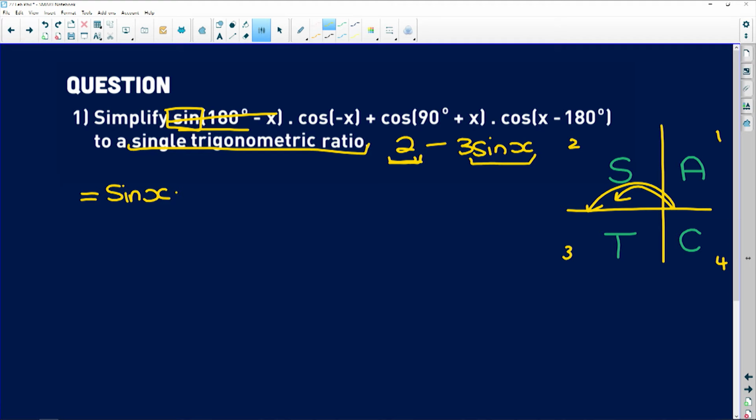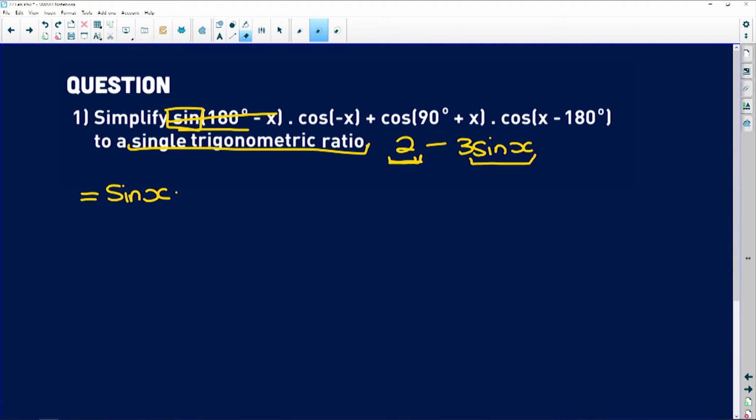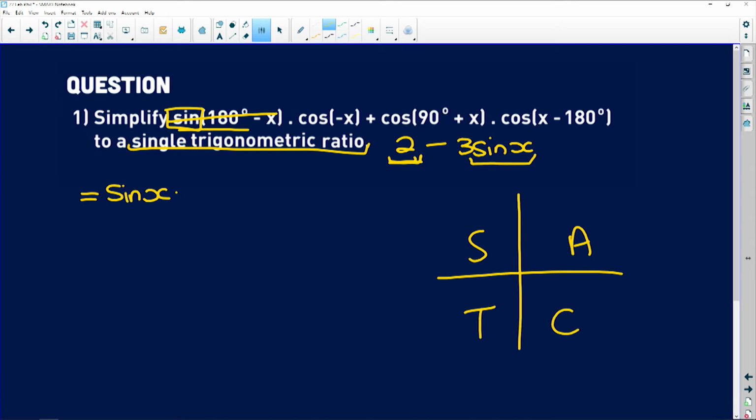Cos of negative x. Okay, so let me get my CAST diagram a bit bigger where you guys can see it nicely. Okay, so CAST diagram, C, A, S, and T. Cos of negative x, if I start from the positive x-axis, which is where I have to, and I go negative theta, that is where negative x sits. And looky here, we are in the fourth quadrant, and that is where cos is positive. So we are multiplying by positive cos of x.